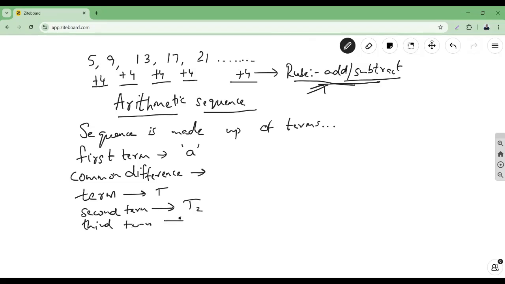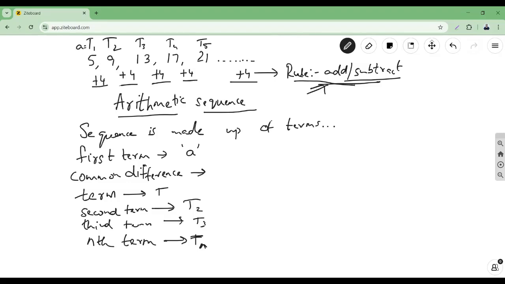The third term is written as T3, like that. And the nth term, when we don't know which position, is called Tn. This is the nth term. So this is T2, this is T3, this is T4, this is T5. And this is T1, or you can say A also.